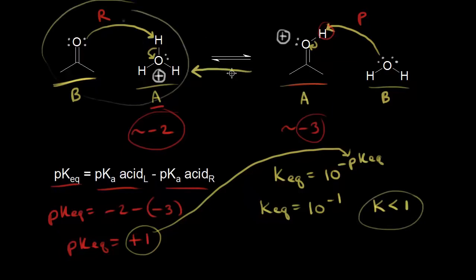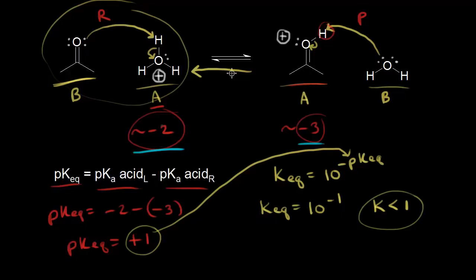We could also do this using the shorter way. To figure out the position of equilibrium, we could look at our pKa values and say, all right, on the left we have -2, on the right we have -3, and we know that the equilibrium favors the formation of the acid with the higher pKa value.